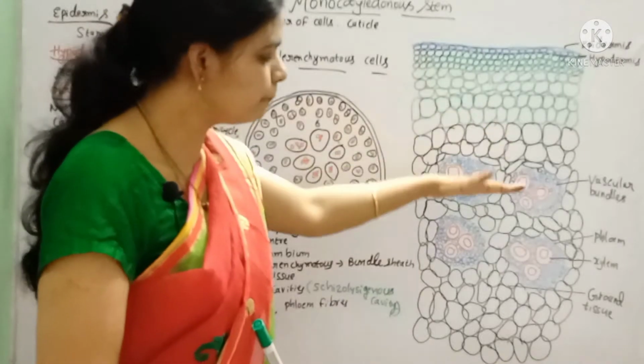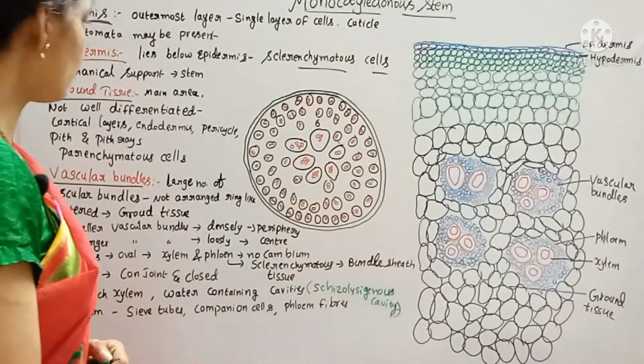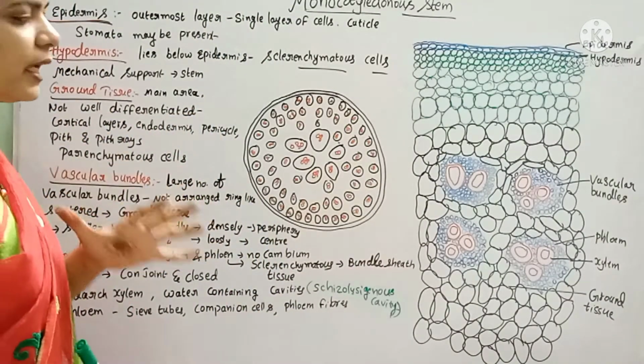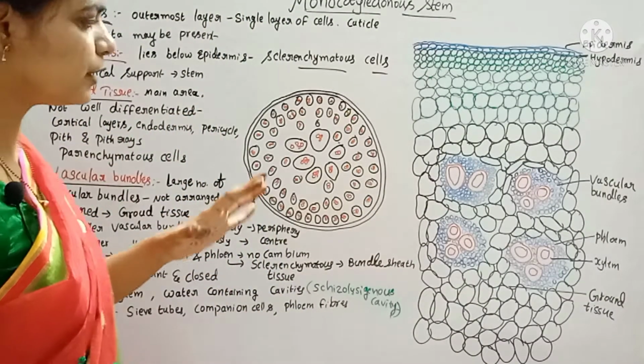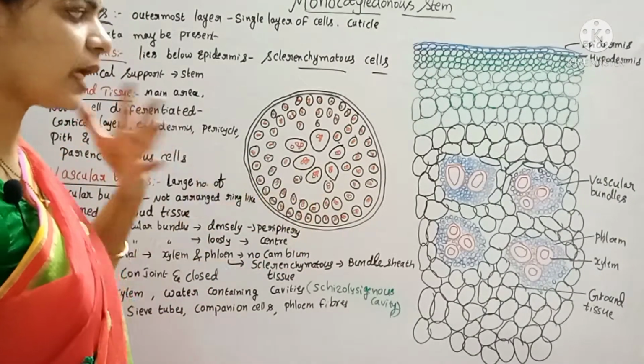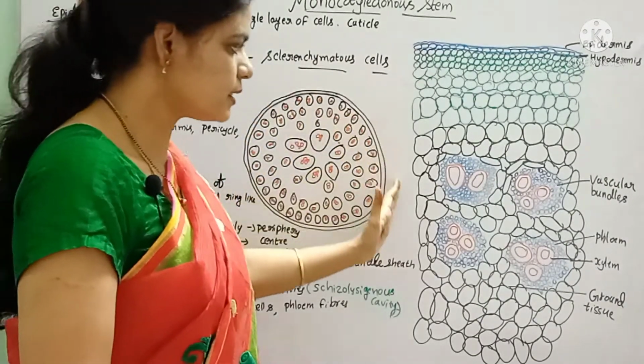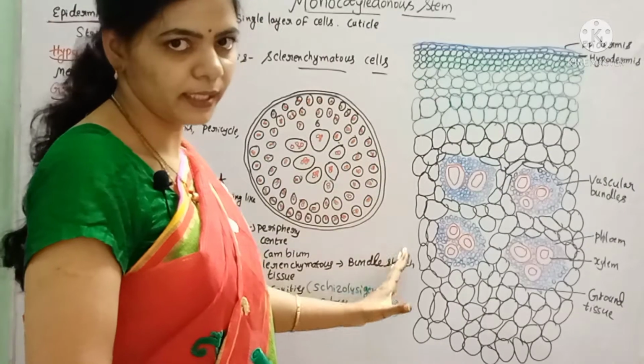What is the next layer? The ground tissue. This is the main area of the stem in the monocots. In the monocot stem, the major area is occupied by the ground tissue only.